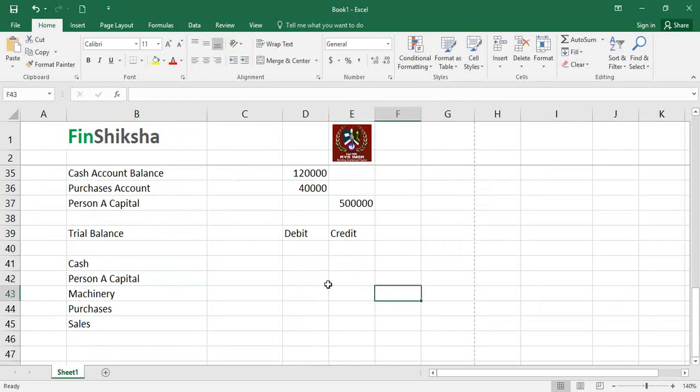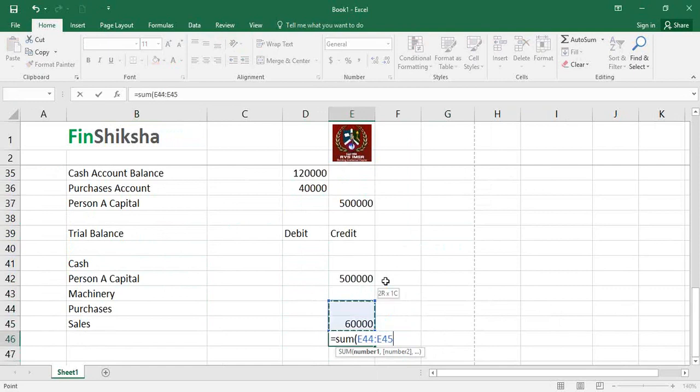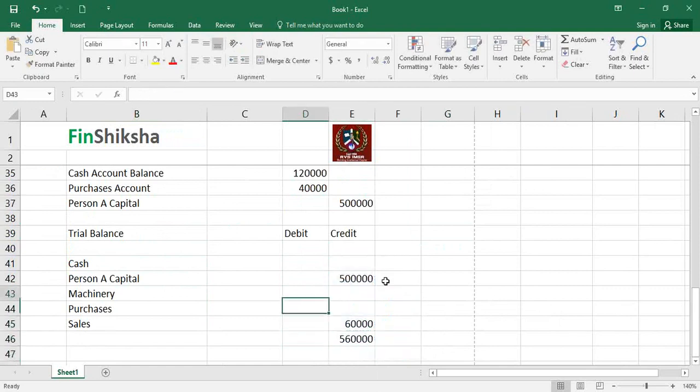Yep, so let's put in the credit entries first. We know person A capital 5 lakh is credit and sales 60,000 is credit, right? So that's equal to the sum of these five. Cash is, note the cash account balance is a debit balance of 1,20,000. Then you have 4 lakhs here, and then you have purchases worth 40,000.